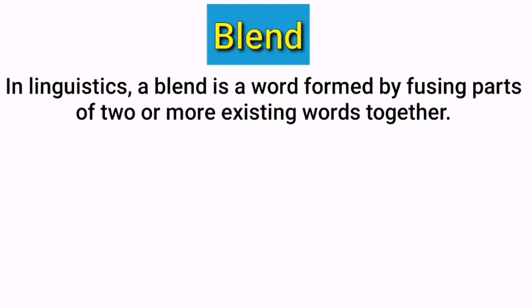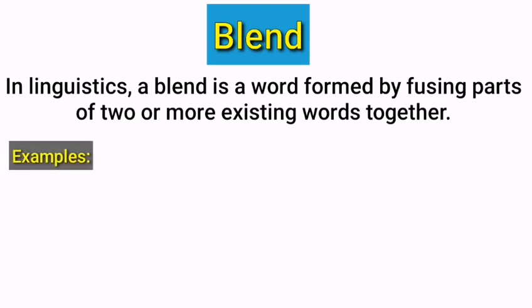Basically, when a word is created by combining the beginning of one word with the end of another word. In simple words you can say, when you take two words and take the beginning of one word and then take the ending of another word and then you join it. So, as a result you get a new word. So, this process is called a blend in linguistics.